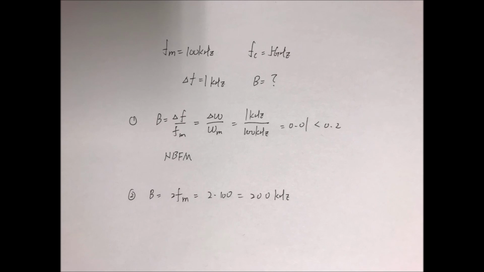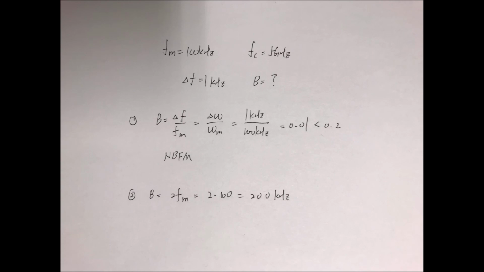Okay, we know 3 things about this FM signal. f m is 100K, my message frequency. The carrier is 5 hertz, and the peak frequency deviation is 1K hertz. We will find what the bandwidth is. For all these kinds of questions, we always follow a 2-step procedure.